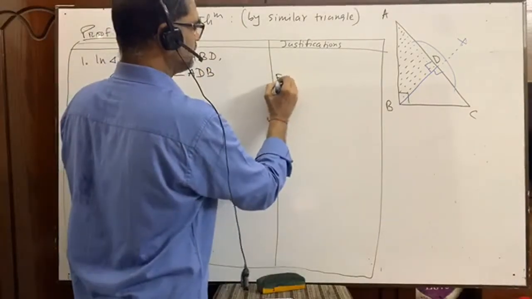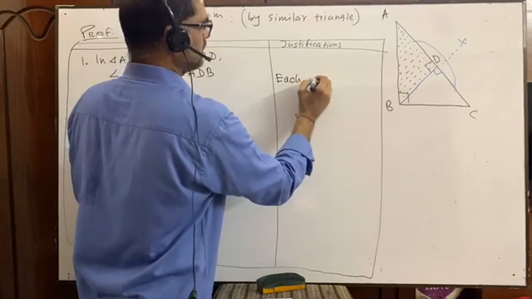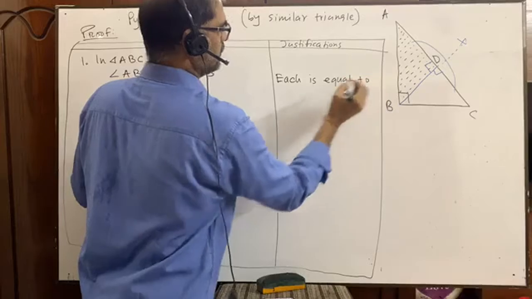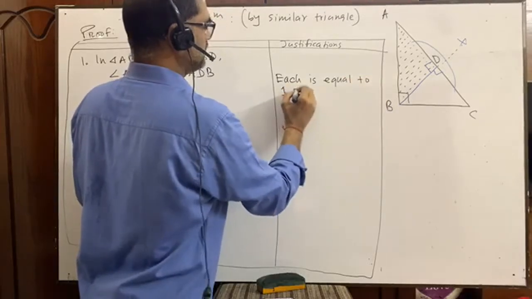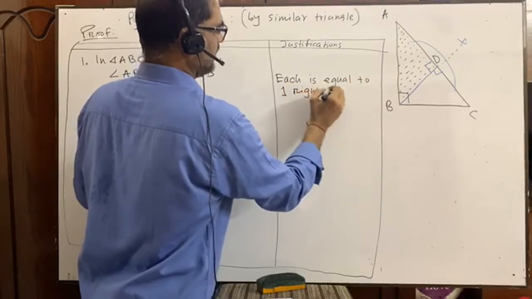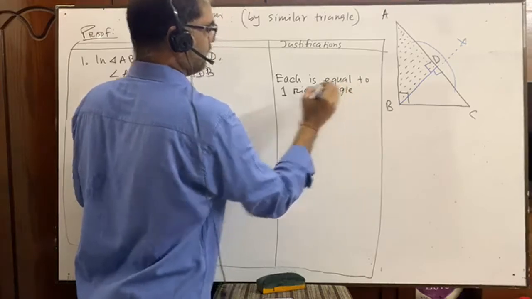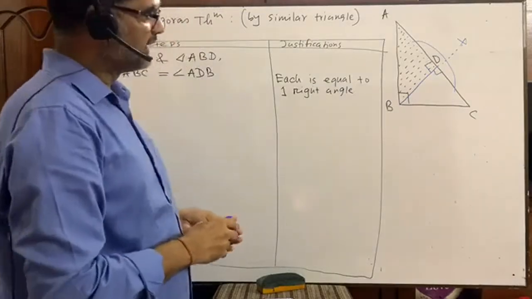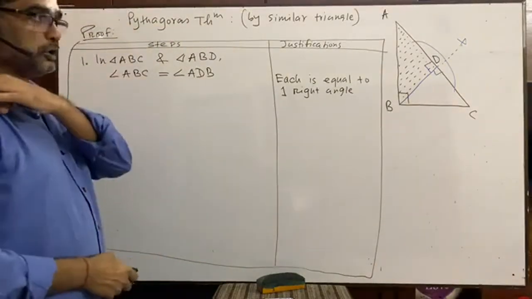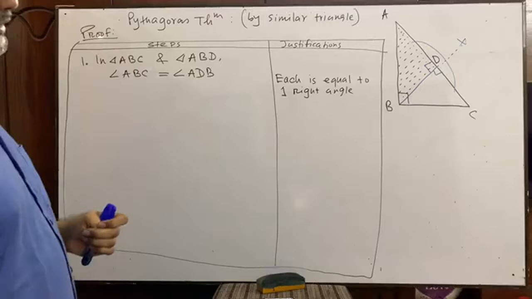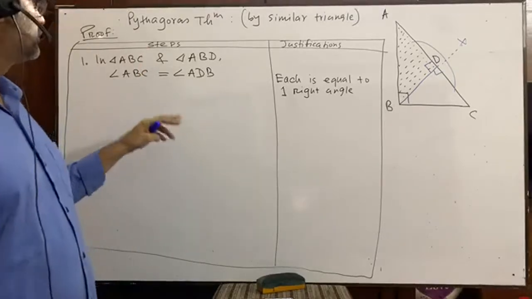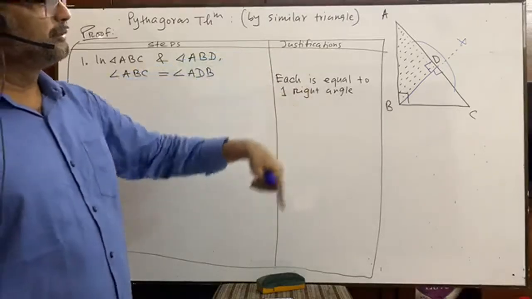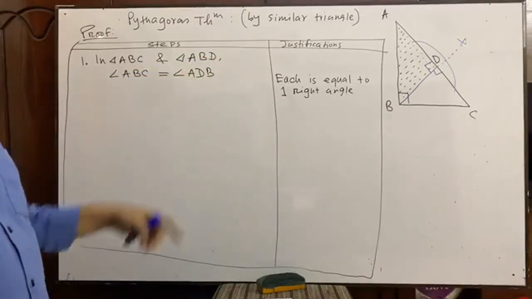Write down: equal to one right angle. For both the triangles I have got right angles. For the largest triangle ABC, we have angle ABC as one right angle, and for triangle ABD, we have angle ADB equal to one right angle.